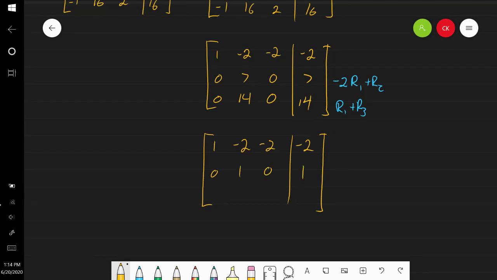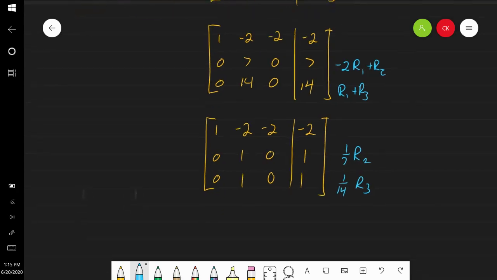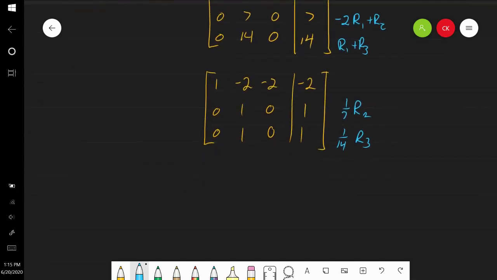And while we're at it, maybe we'll go ahead and make the bottom row 0, 1, 0, 1 as well. So now I end up with this new second row coming from 1/7 times row 2. And in the bottom we did 1/14 times row 3. We didn't necessarily have to do that, but we can see that that actually turns out to be a benefit in this situation.